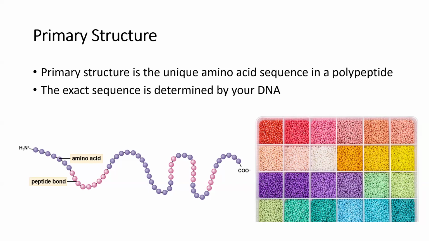Essentially, if you think about the amino acids as color beads, and you try to build a necklace, you might take the purple one, and then the pink one, green one, and then another purple, 2 yellows, so on and so forth. When you build a whole chain, if you read the identity of each amino acid from one end to the other, that unique sequence is called a primary structure.